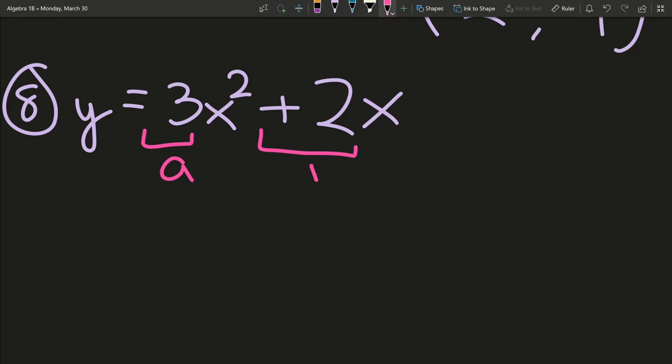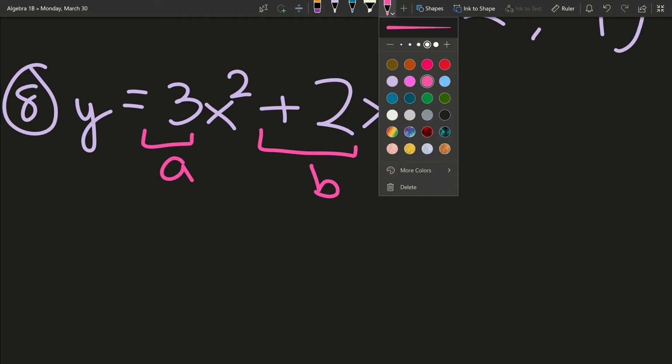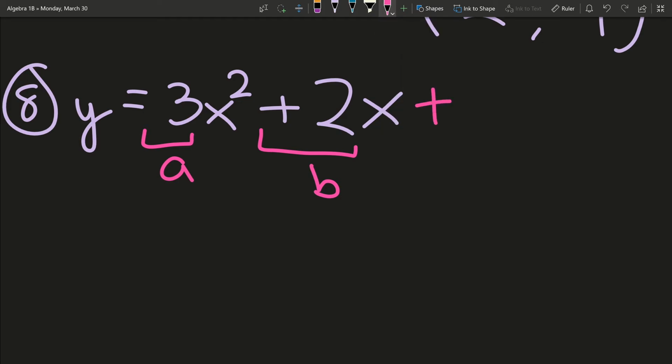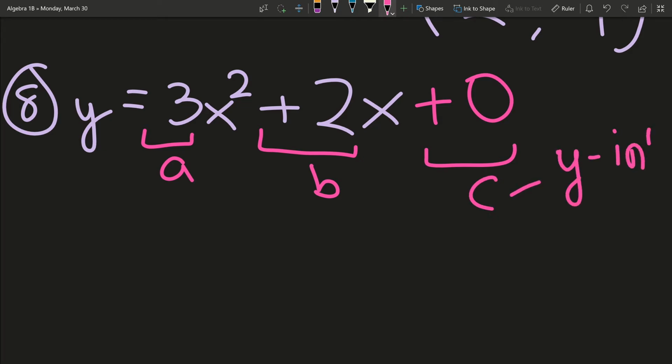Our B is +2. What is our C then? We don't have a C here. So if it helps, you can just put +0. And remember, C would have been our y-intercept. That means our y-intercept is going to be 0.